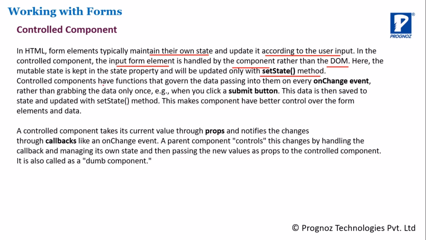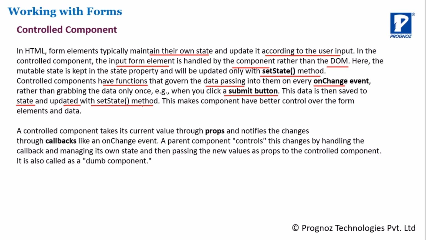The controlled component has a function to pass the data, and we can use the event called the onChange event. We can use it rather than grabbing the data only once. For example, if you click the submit button, the data is saved into the state and updated by using the setState method.